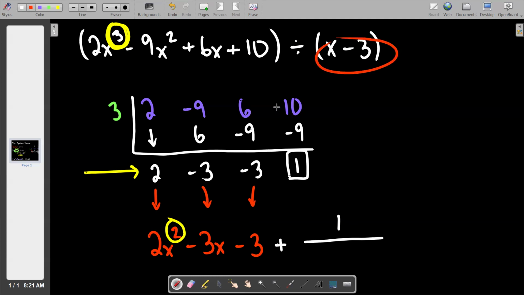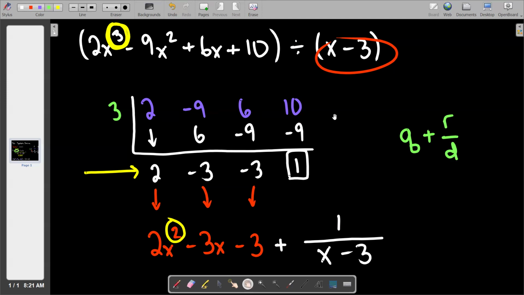It's in the red oval. X minus 3. The format, and you should write this down, the format of your answers should be quotient plus remainder over divisor. I'm almost out of colors.